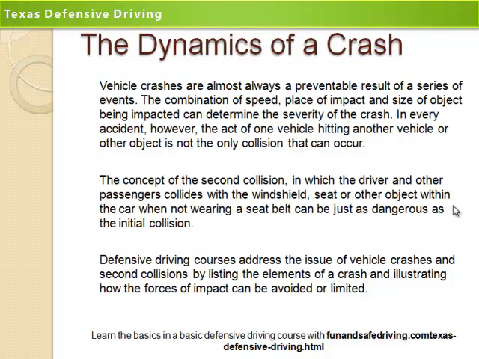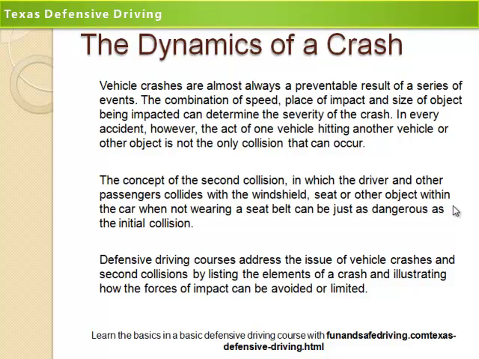The dynamics of a crash. Vehicle crashes are almost always a preventable result of a series of events. The combination of speed, place of impact, and size of object being impacted can determine the severity of the crash. In every accident, however, the act of one vehicle hitting another vehicle or other object is not the only collision that occurs.